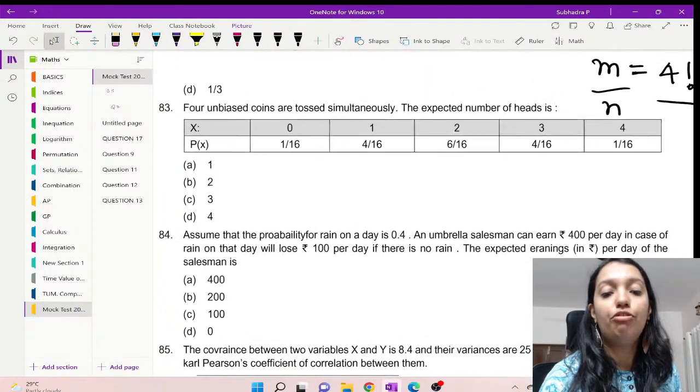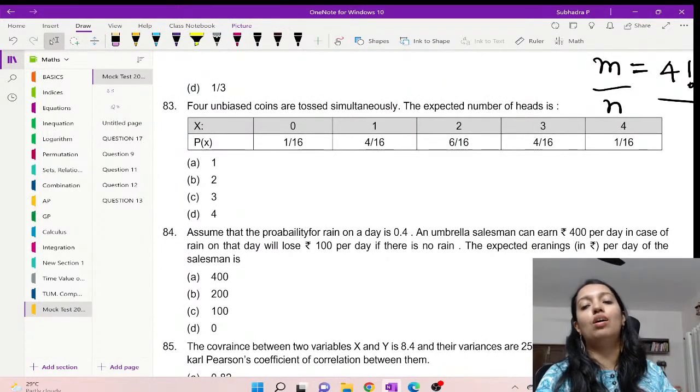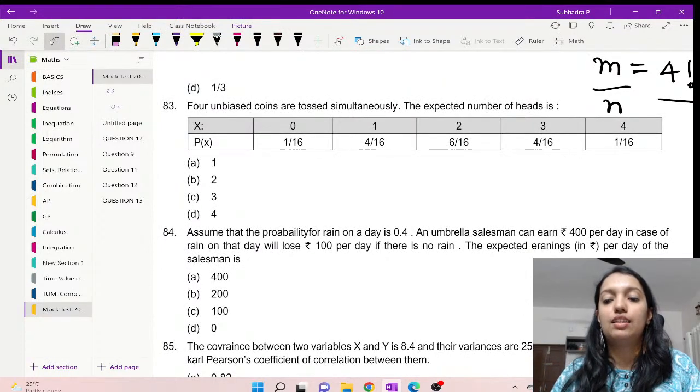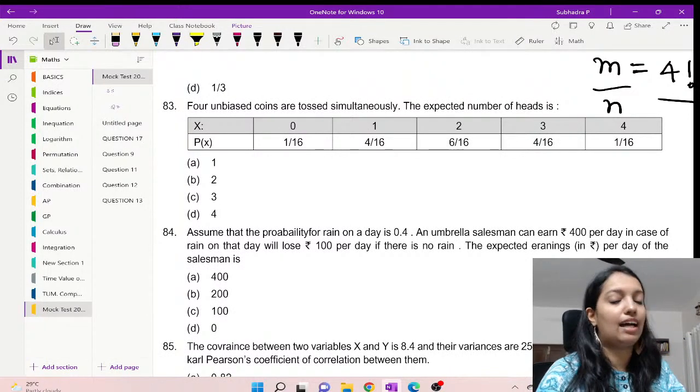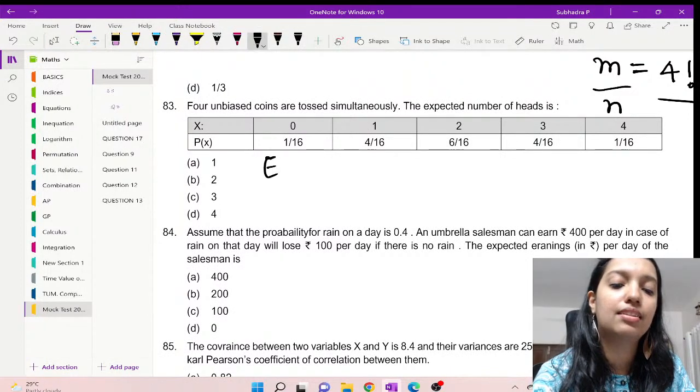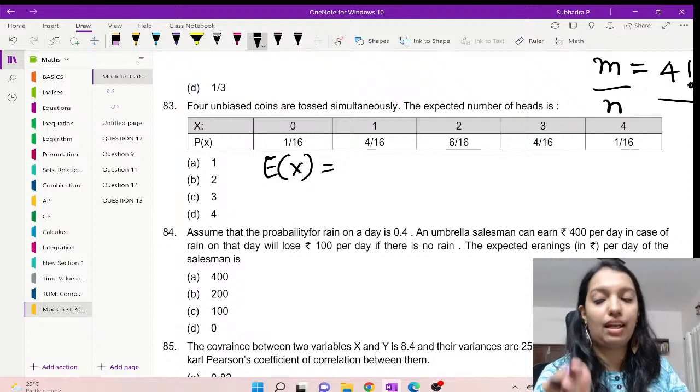Next, 4 unbiased coins are tossed simultaneously. The expected number of heads is dash. Expectation of X. What you should do, take your calculator.